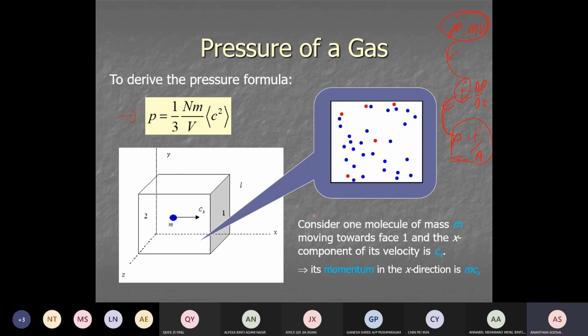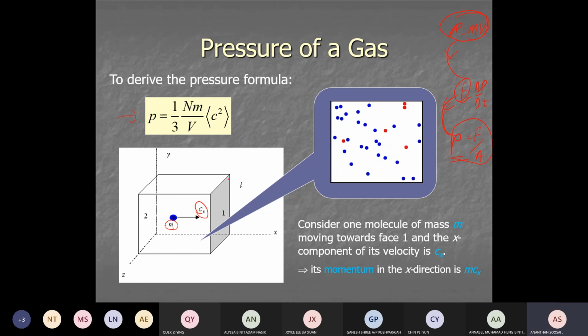So first, this is the model we're going to follow. There is a box, assume it is a cube. First assume there is one particle of mass m moving to the right with the speed of cx.